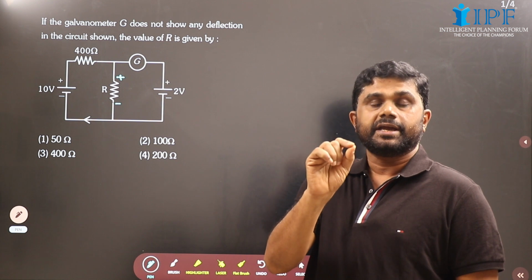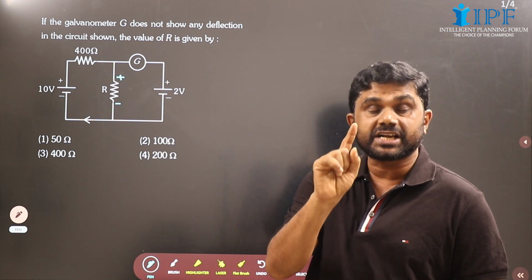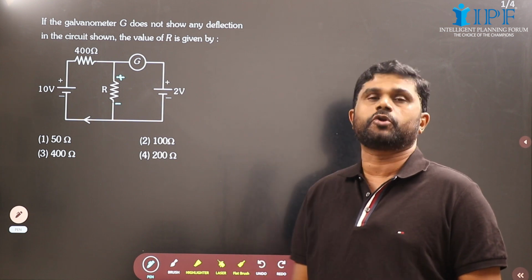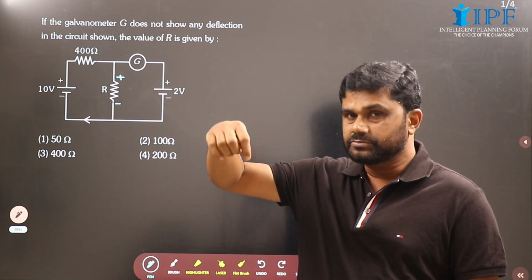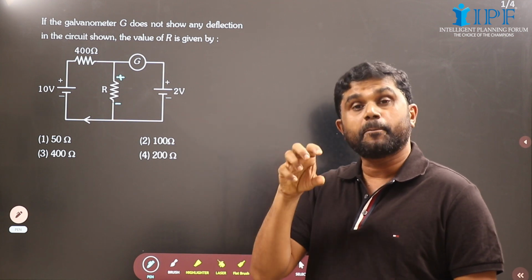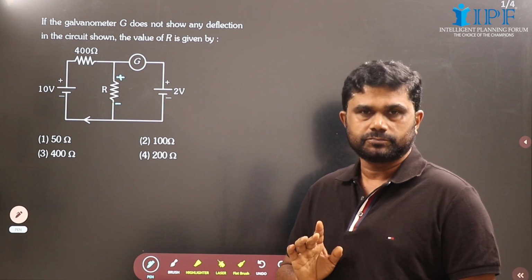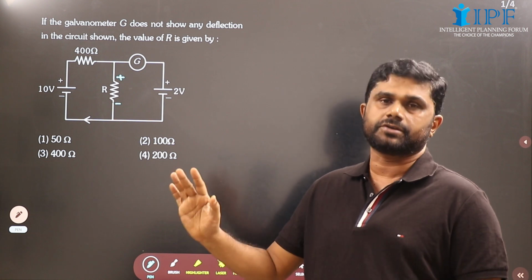A current will always come out of the positive pole of a cell. Whatever current comes out of the positive pole must return to the negative pole, in any cell, in any circuit.